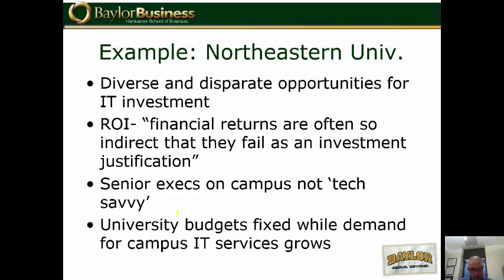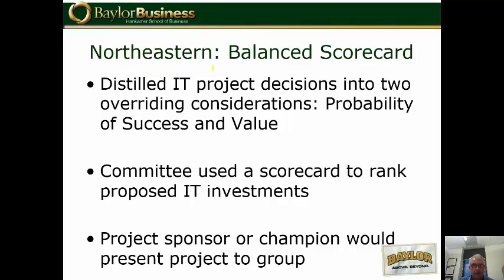So the real conundrum they had is how do we rank and prioritize IT investments? What they did is they came up with, and I'm using this term, a balanced scorecard, where essentially they distilled projects into two overriding considerations: what's the likelihood they're going to succeed, and what's the value?